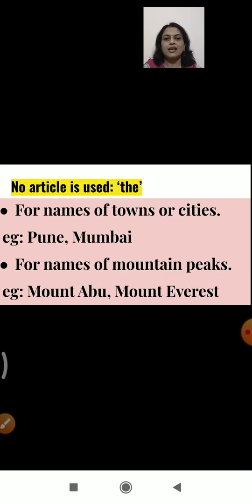Okay. Now, not to use the article the. When will we not use it? For names of towns or cities. Example, Pune, Mumbai. We do not say the Pune, I went to the Pune, I went to the Mumbai. Right? Then for names of mountain peaks, Mount Abu, Mount Everest.